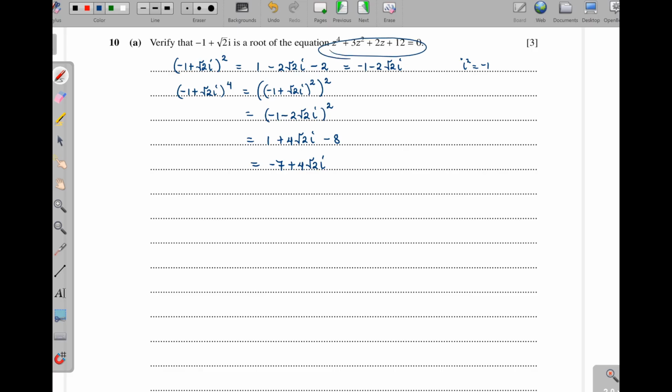Then now we substitute here. So we are going to have z power 4.